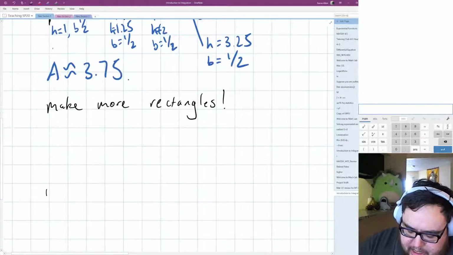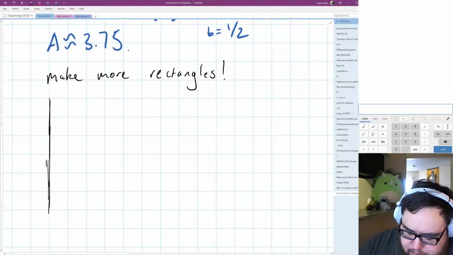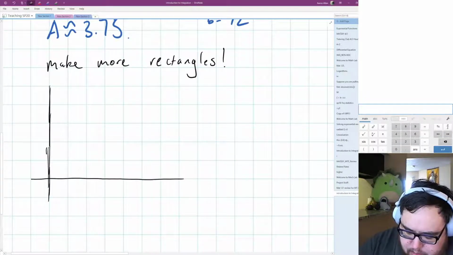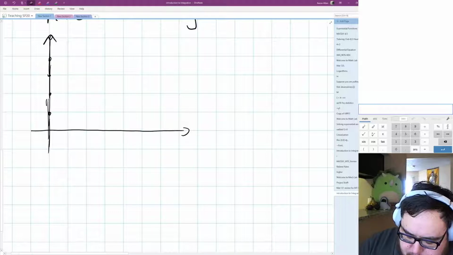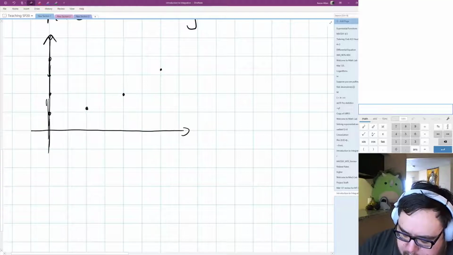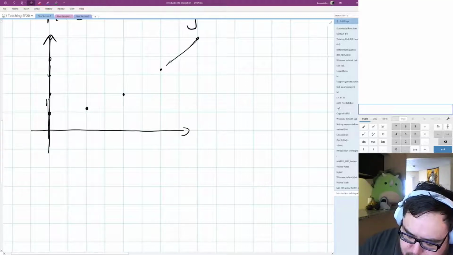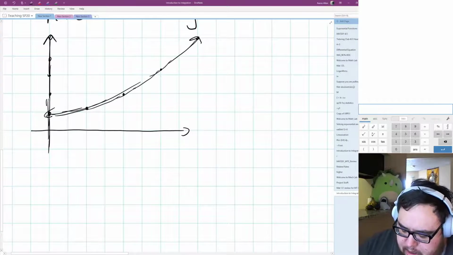So we could take this same curve, something like that.